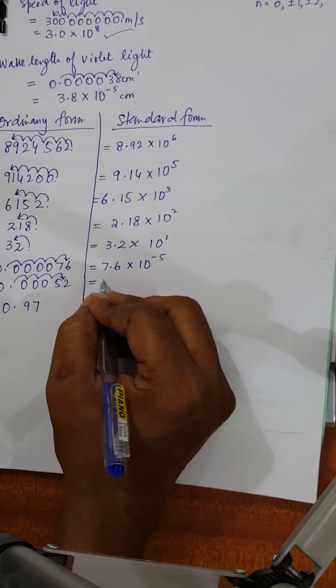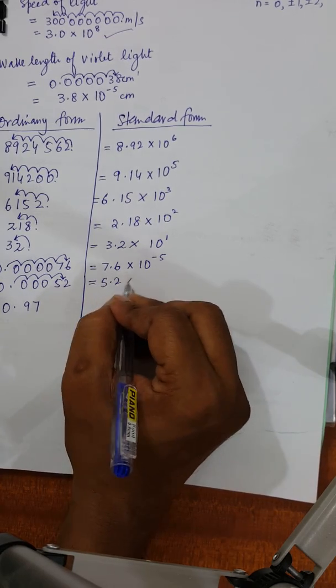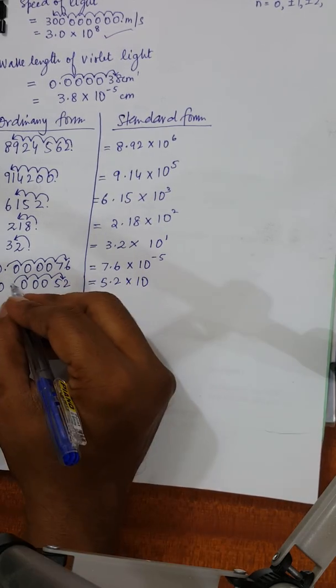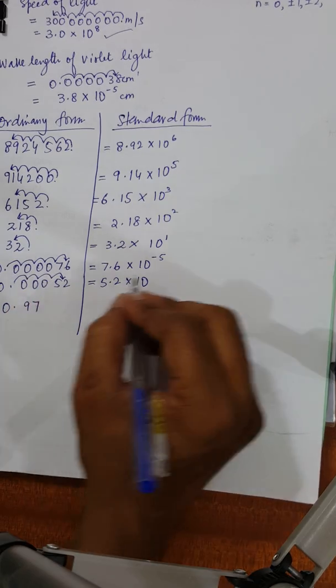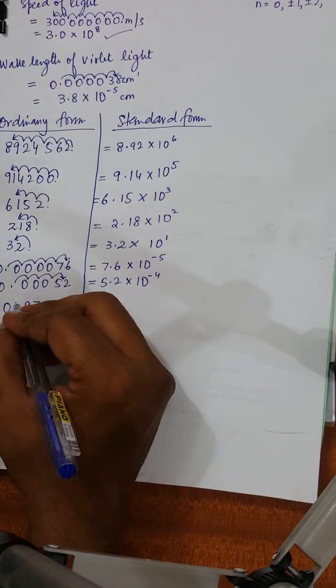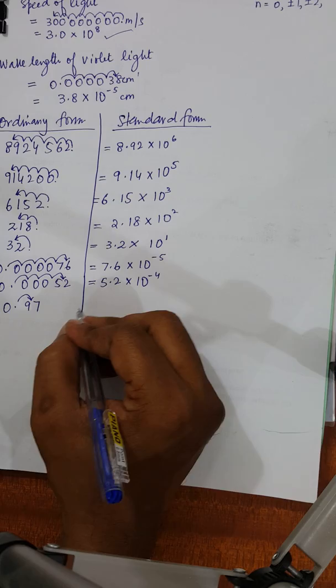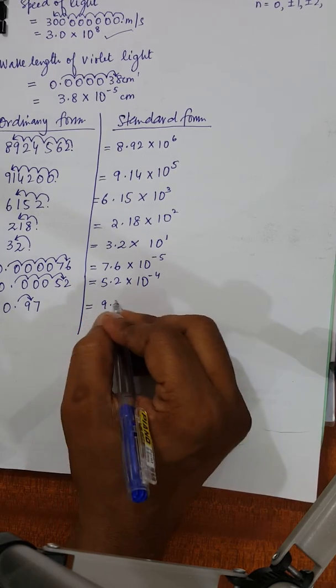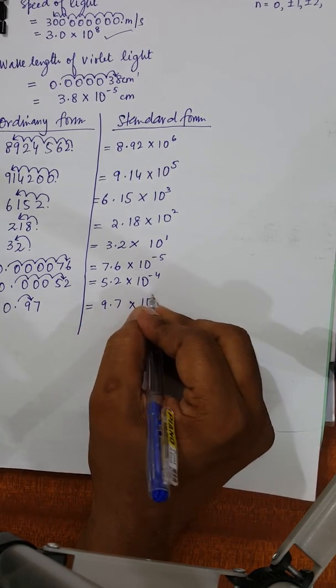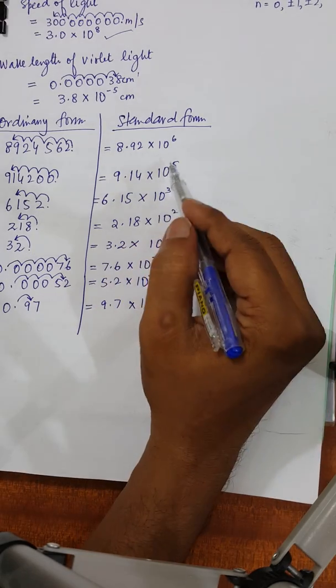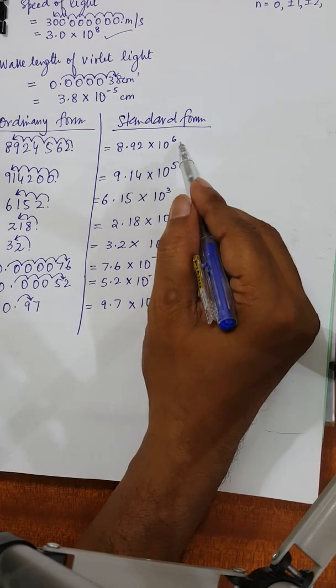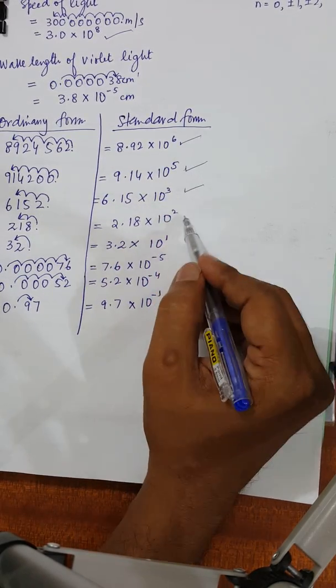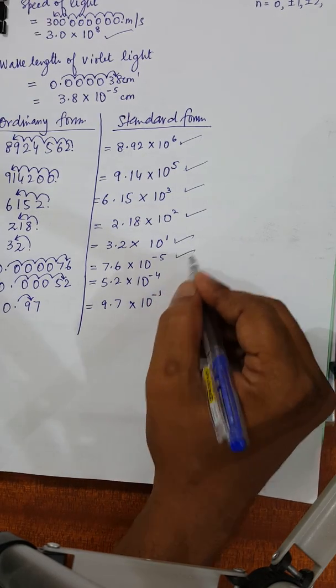This becomes 5.2 into 10 raised to the power negative 4. Look at this. This becomes 9.7 into 10 raised to the power minus 1. So all these numbers on the right hand side are all in the standard form.